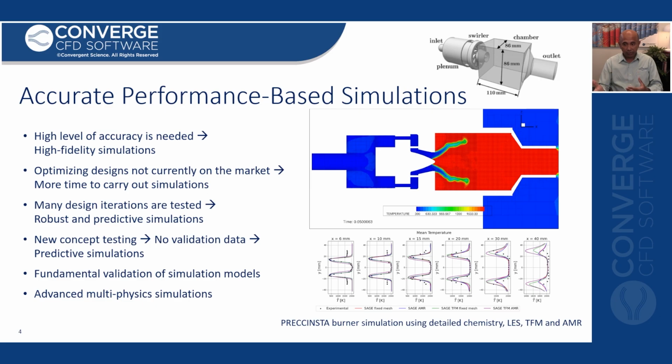It gives you accurate results, as you can see on the bottom as well. Throughout the presentation, I will be talking about how these types of accurate CFD simulations require advanced turbulence modeling like LES, thickened flame models, detailed chemistry, and adaptive mesh refinement. So we'll get into each of those different features that Converge offers to give you an accurate simulation later on.